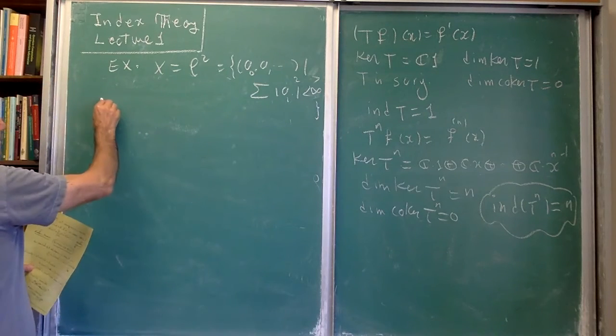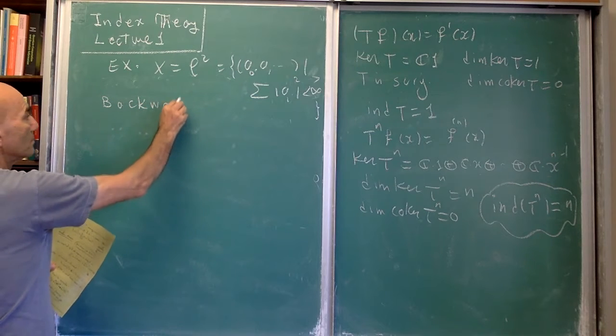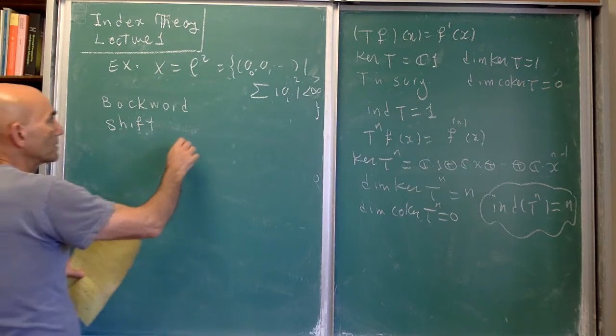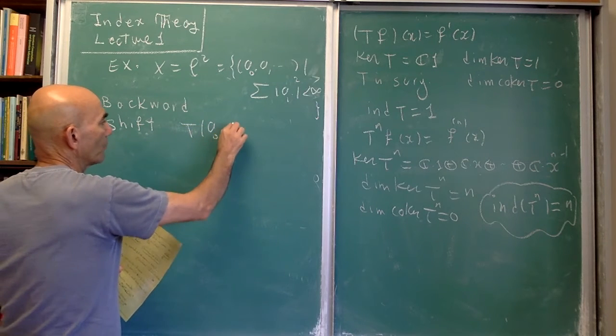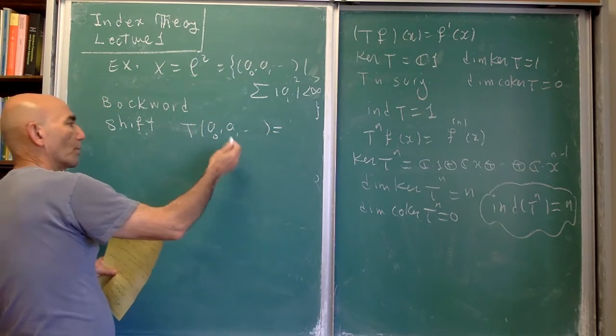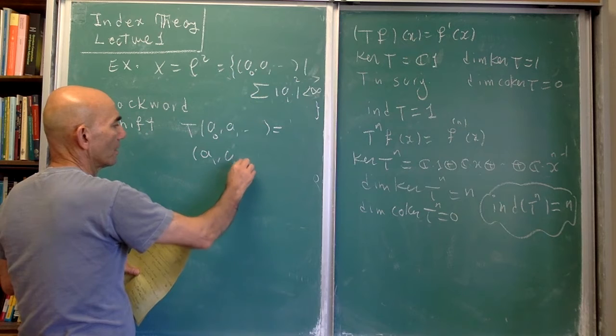So let's look at the backward shift. This is the operator that sends A0, A1, and so on, pushing it backward one step. So this is going to be equal to A1, A2, and so on.